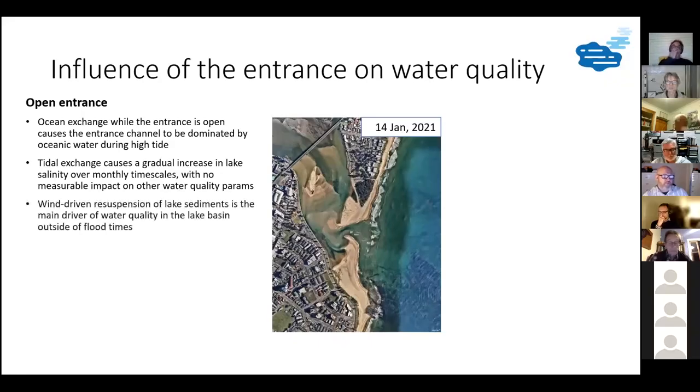And the reason for this is because wind-driven resuspension of lake sediments is really the main driver of water quality in the lake basin, outside of those brief flood times.